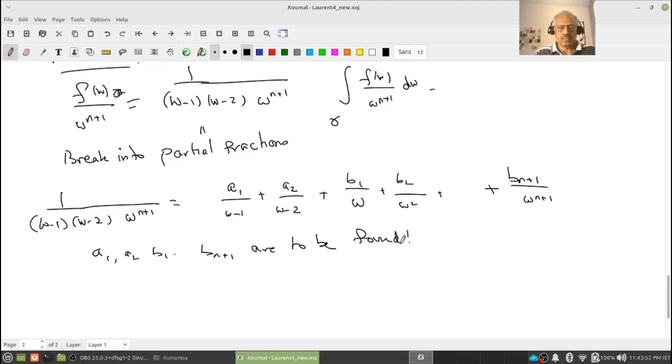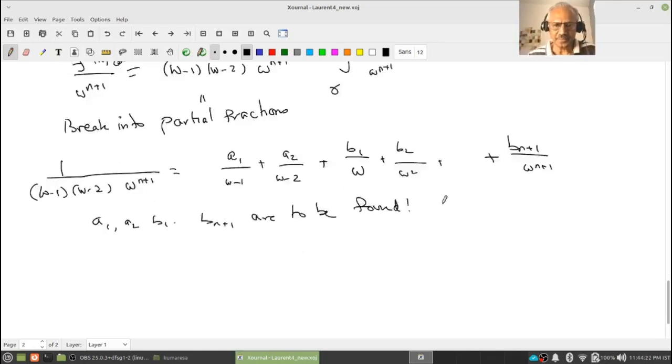I'm taking as a fact that we can always have such a partial fraction expansion. In fact, in the next series on the residue theorem, we will prove the existence of partial fractions. But from your integration days, you would have learned that you can always do that, that we are just making use of.